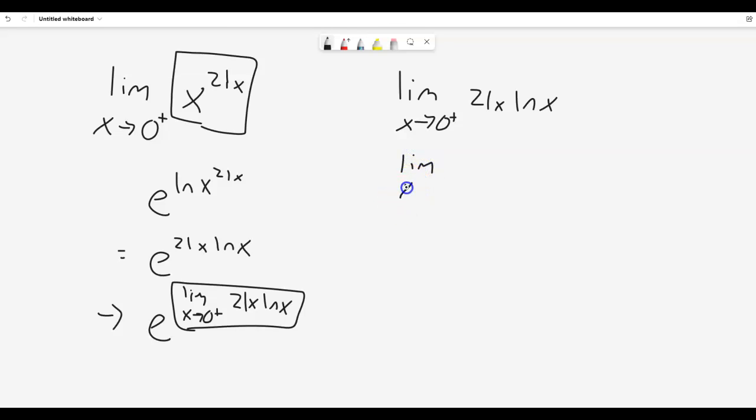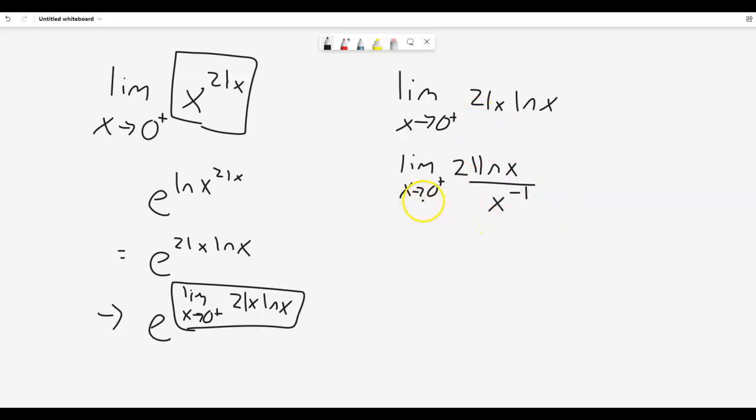The limit as x approaches 0 from the right of natural log of x on the top. The 21 stays on top, doesn't it? Let me change that. Only the x is going down to the bottom. So this will be 21 natural log of x, and on the bottom, I'm going to change the x to x to the negative 1, just bring it down to the bottom.